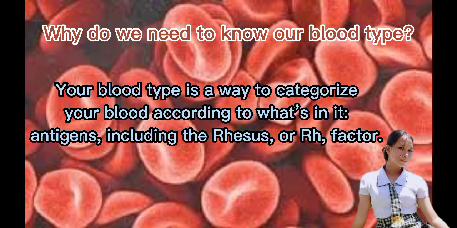Your blood type is a way to categorize your blood according to what's in it, including antigens and the rhesus or Rh factor. Antigens are a type of protein on red blood cells. Based on the type of antigen, your blood will be categorized as type A, type B, type AB, or type O.